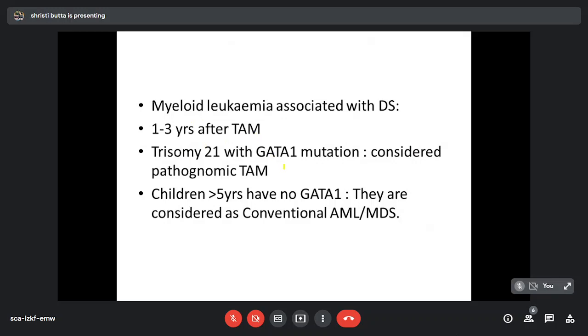GATA1 mutations have been associated with this condition. So, trisomy 21 associated with Down syndrome with GATA1 is quite pathognomonic of transient abnormal myelopoiesis. Children who are more than 5 years old have no GATA1. They are considered to be having a conventional AML or MDS, right?